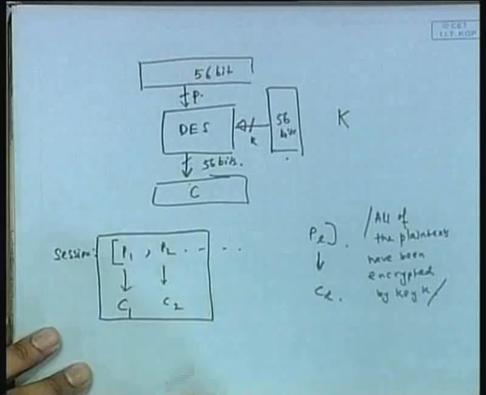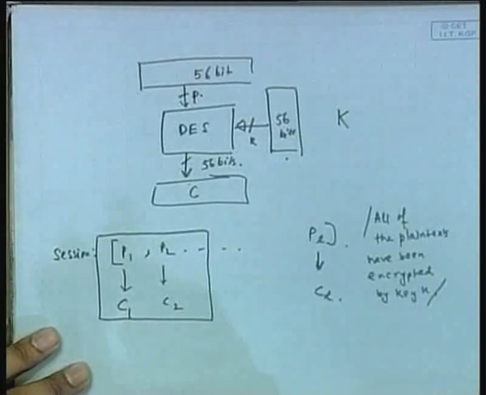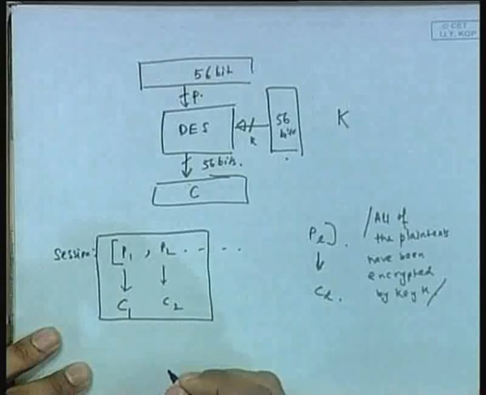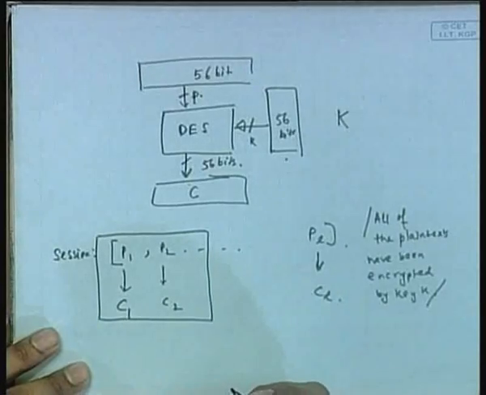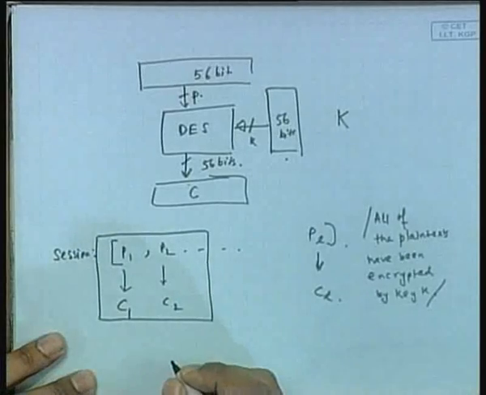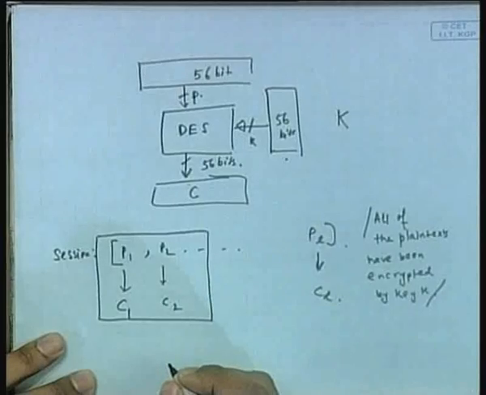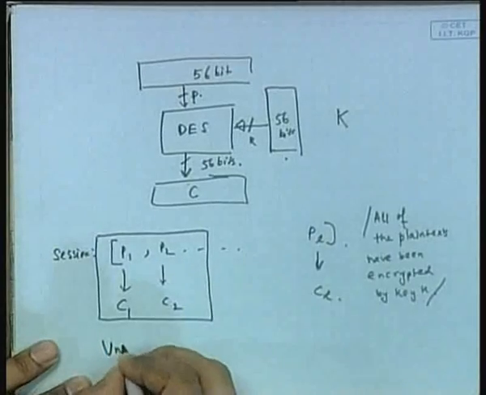Or posing the problem in another way, to an unbounded adversary, how many ciphertexts at maximum shall I provide which have been encrypted by the same key so that he still cannot break the system, right. And this is actually known as the unicity distance.